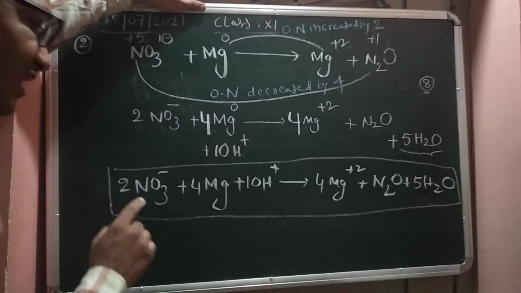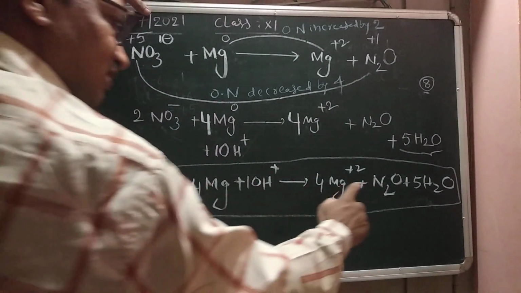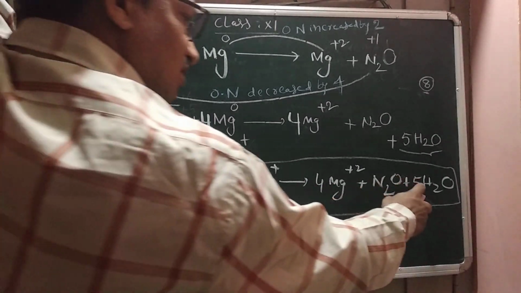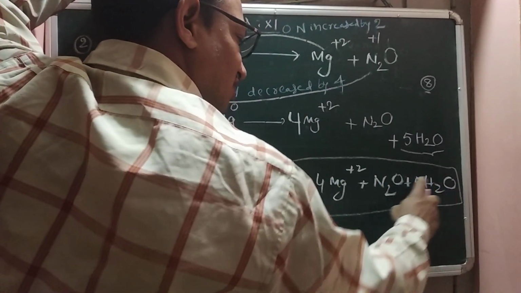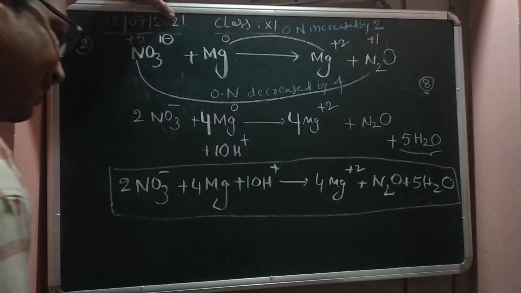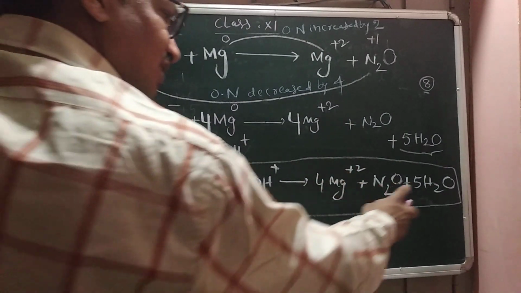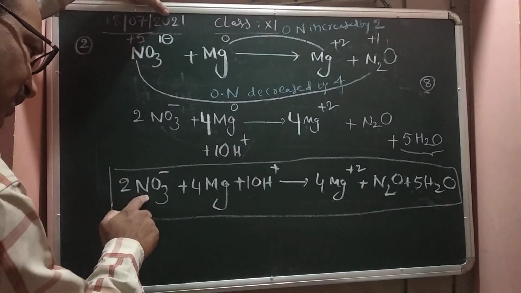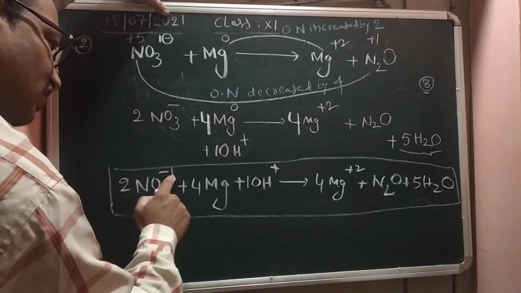Now let us check whether it is completely balanced or not. 2 nitrogens, N2. 6 oxygen atoms: 5 oxygens here, 1 oxygen here. Total 6 oxygen atoms balanced. 4 Mg balanced. 10 H, hydrogens are balanced. Total charge also I am checking. Each NO3 is minus 1. 2 NO3 means minus 2.